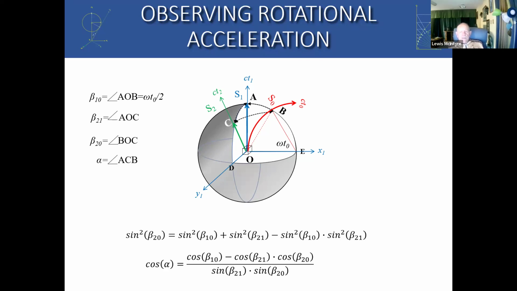S2 in green is the observer who will see the rotational acceleration on his x2, y2 plane. We will see what S2 measures, first at a small velocity angle between it and S1, angle AOC, and again with AOC approaching 90 degrees.